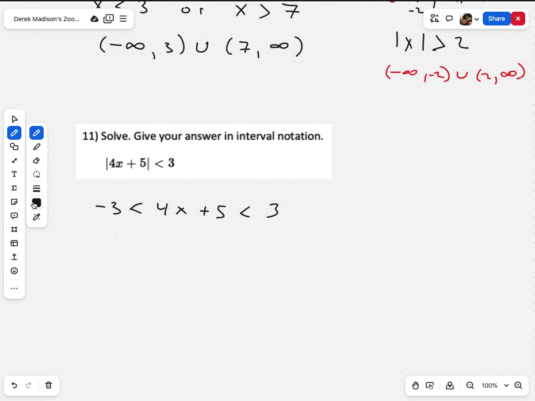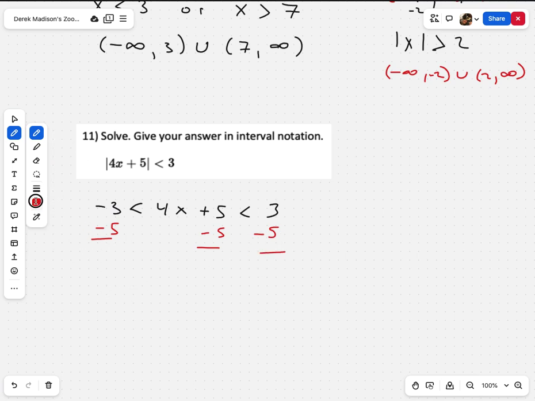And then to solve this, this is a continued inequality. If you think of what you would do if this piece of it wasn't here, if it was just 4x plus 5 is less than 3, the first thing you would do is subtract the 5 over. And that's the first thing you do with the continued one. You just have to do it in all three regions.